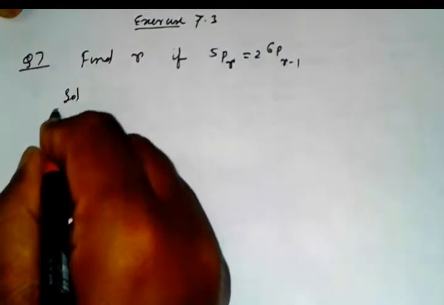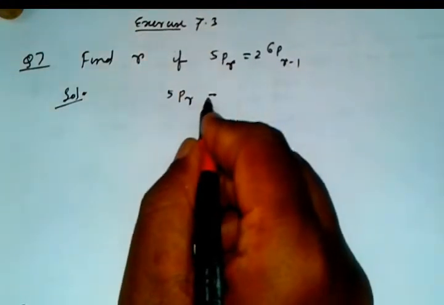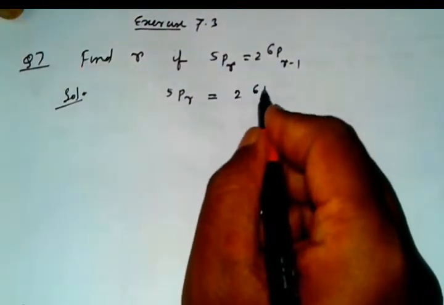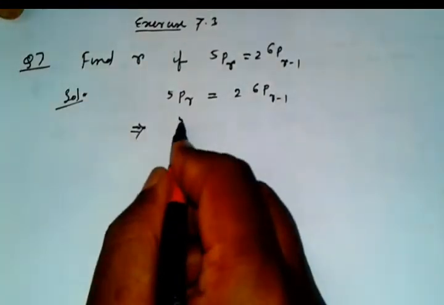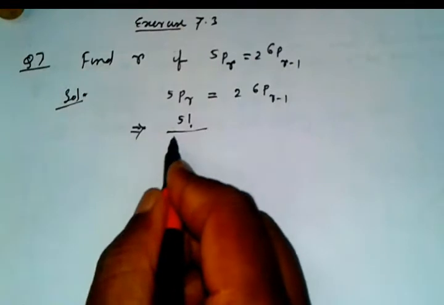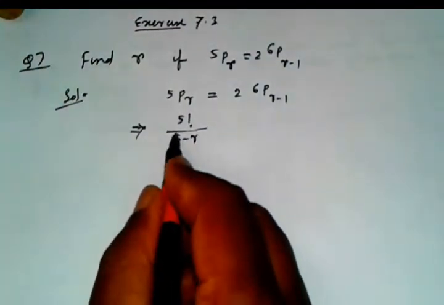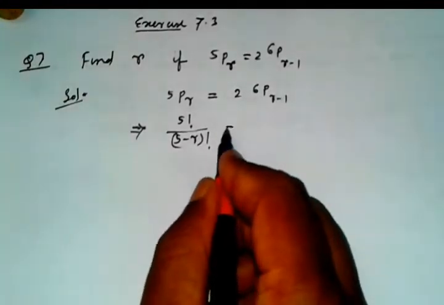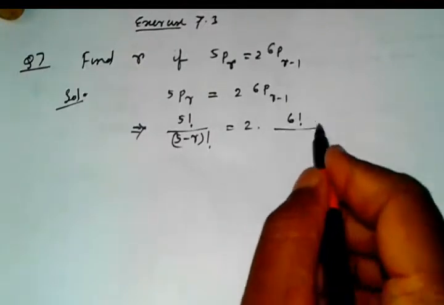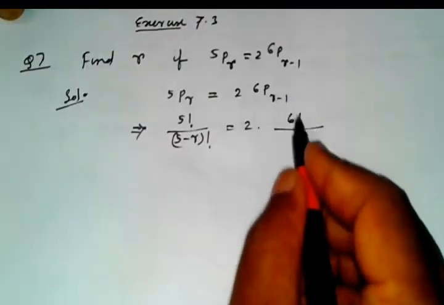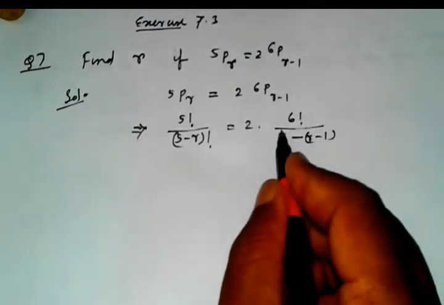Solution. 5Pr is equal to 2 into 6P(r-1). This can be written as factorial 5 by factorial (5 minus r), and this can be written as factorial 6 by factorial (6 minus (r minus 1)).